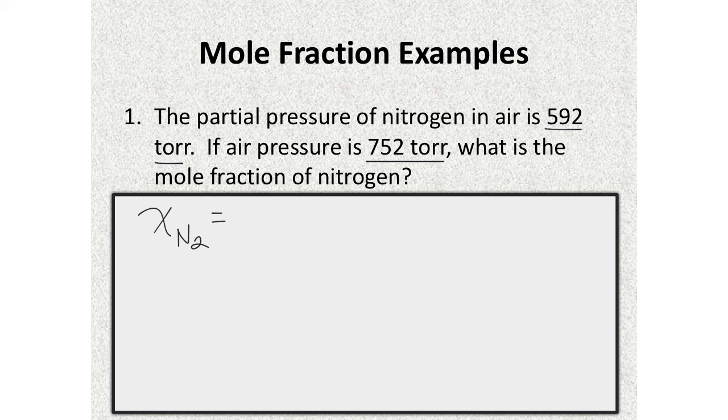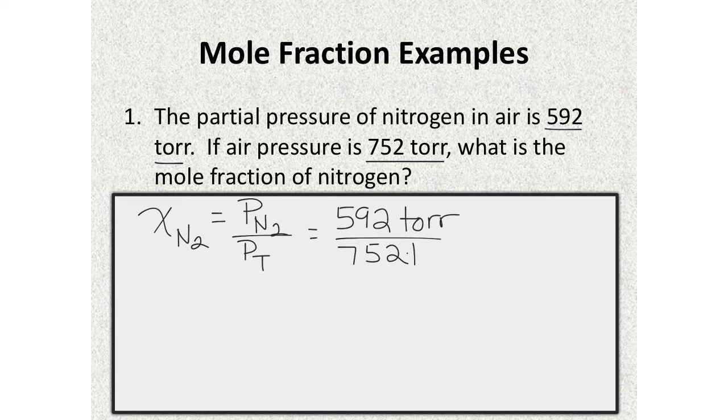So the way that we can do that is going to be equal to the pressure of nitrogen over the total pressure, because it's going to be proportional to the moles. So all we do is 592 divided by 752.